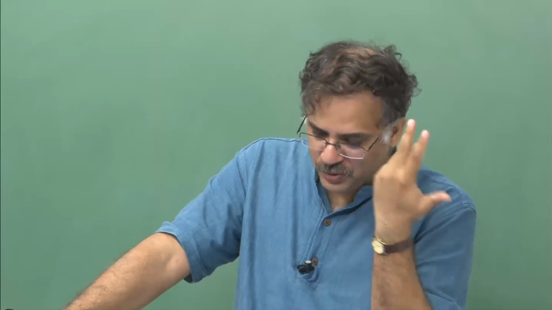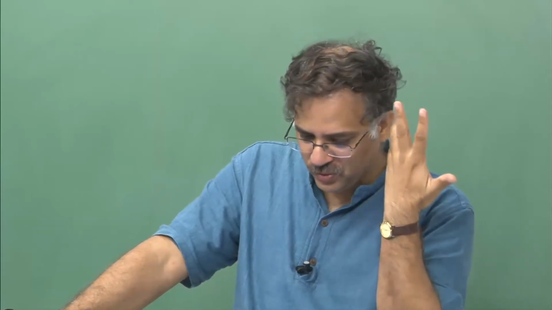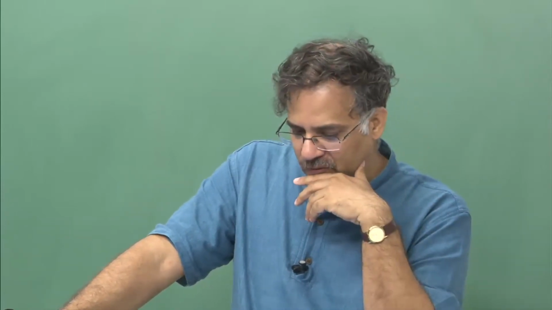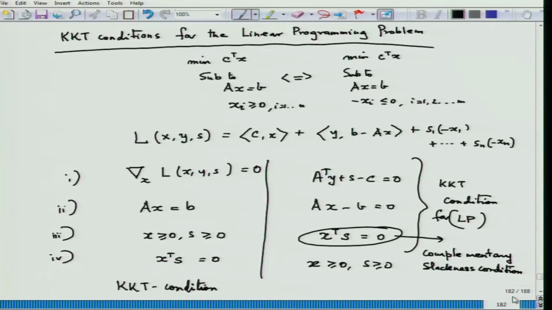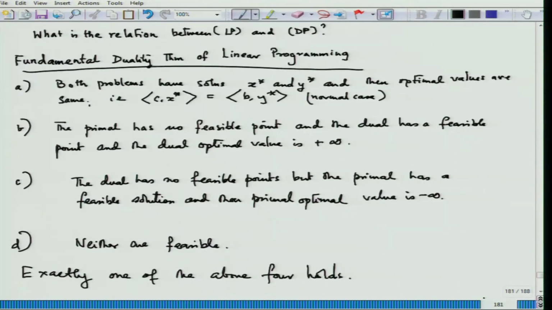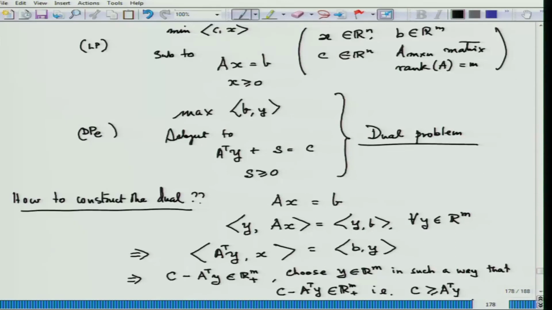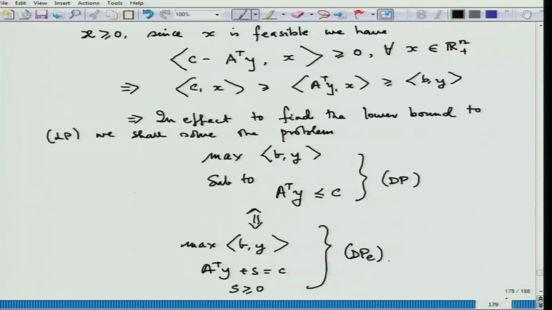Is there some way out? If there is, it would be good to figure it out, or at least try to see whether from here to here it is making sense, and whether you have really understood how the dual is constructed. These are the very basic things that you will require.